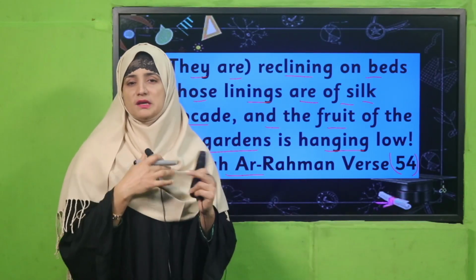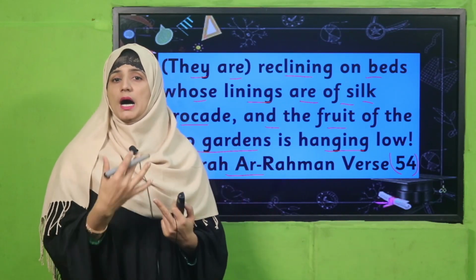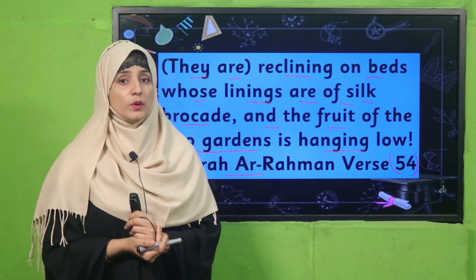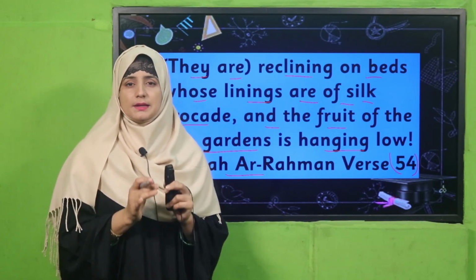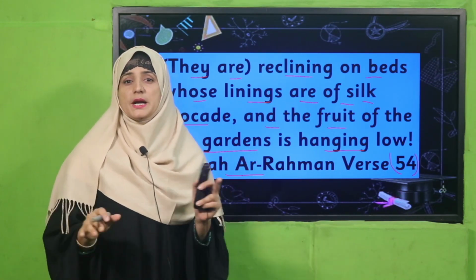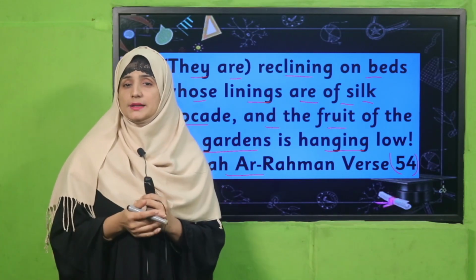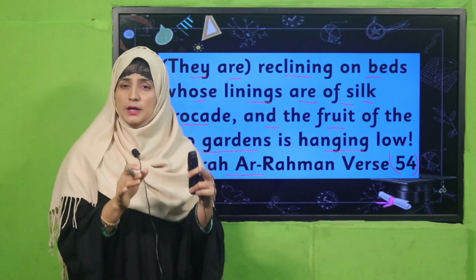The pious people, when they will be sent in heaven, how they will live over there, which type of blessings will be there. So yes, they will be lying on soft beds, and the fruits of two gardens will be hanging on them very low.